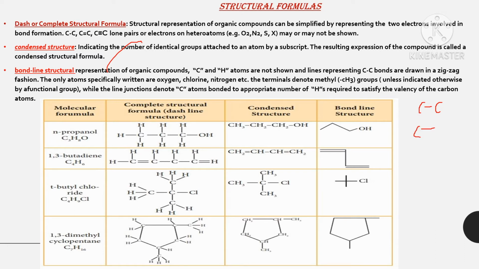If there are 2 dashes between two atoms, that is a double bond. 3 dashes means a triple bond. So here a dash means a bond.